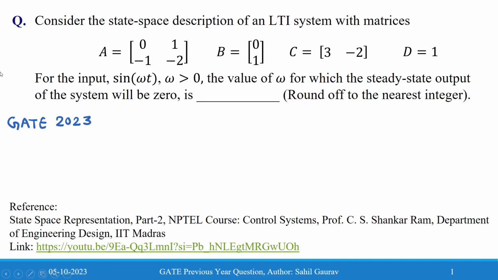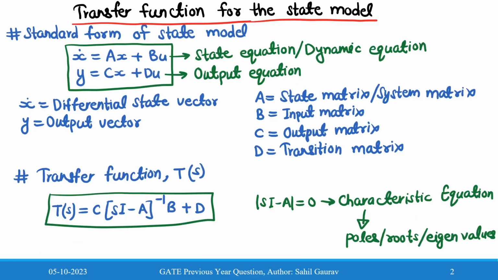Before we begin to solve this problem, let us have a quick recap of the expression for the transfer function of the state space model. As we all know, the standard form of a state model is x dot equals Ax plus Bu, and the output equation is y equals Cx plus Du.